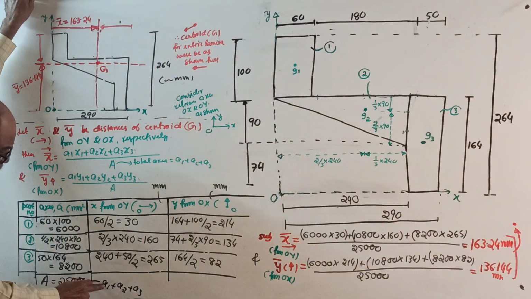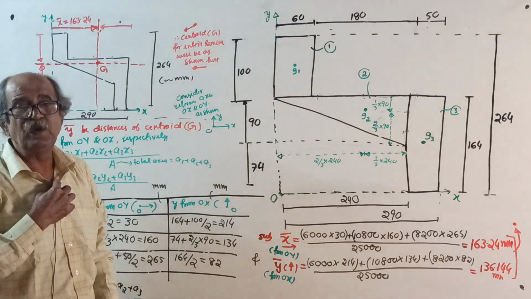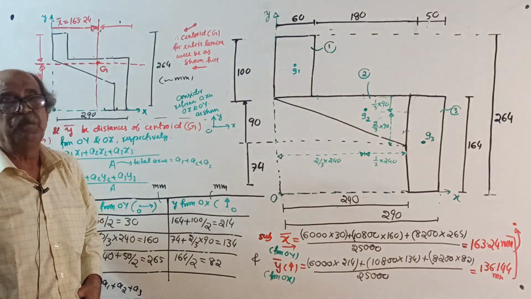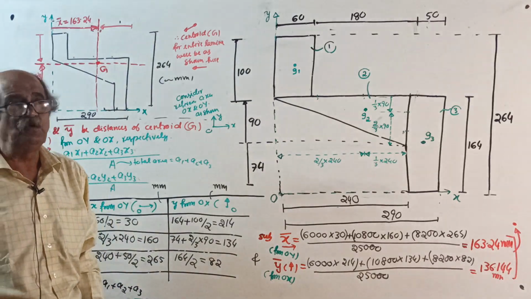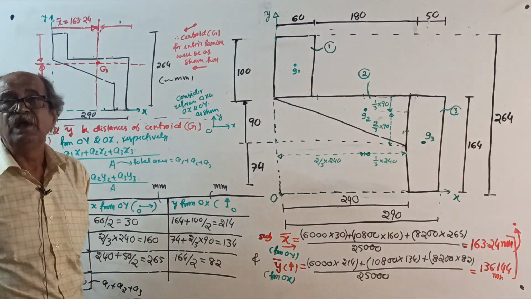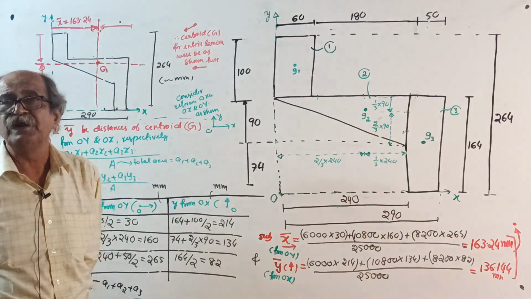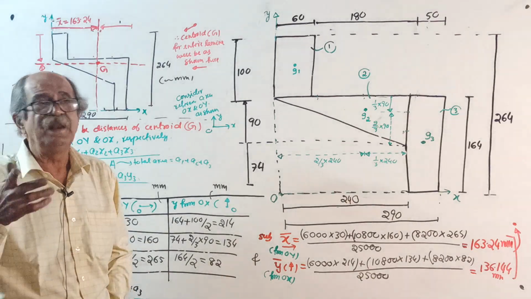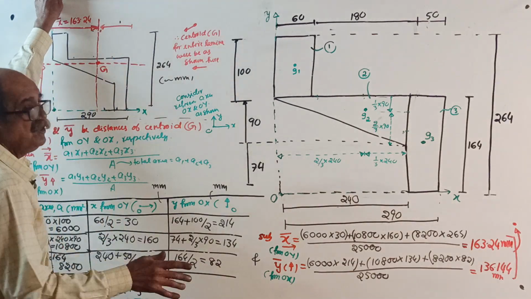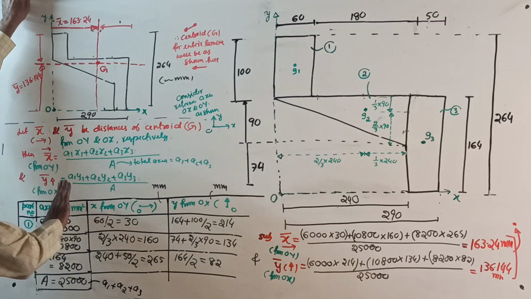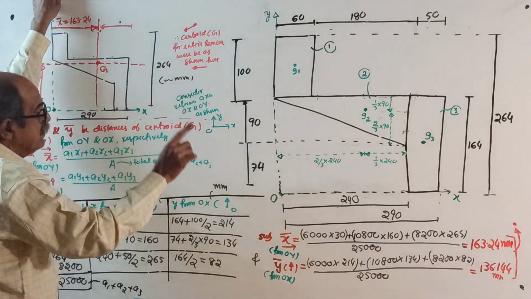Total area A1 plus A2 plus A3 is 25,000. That you don't bother.